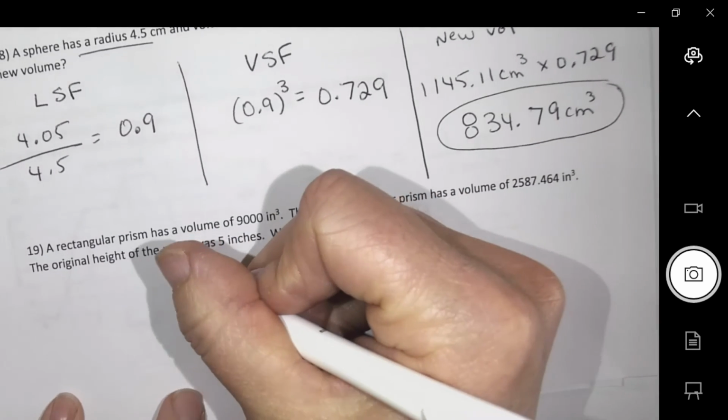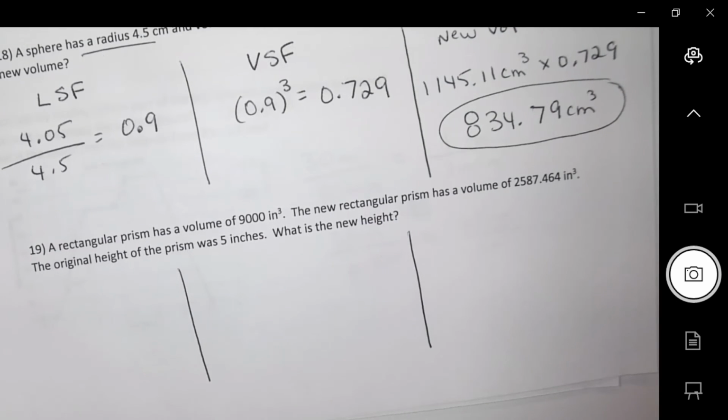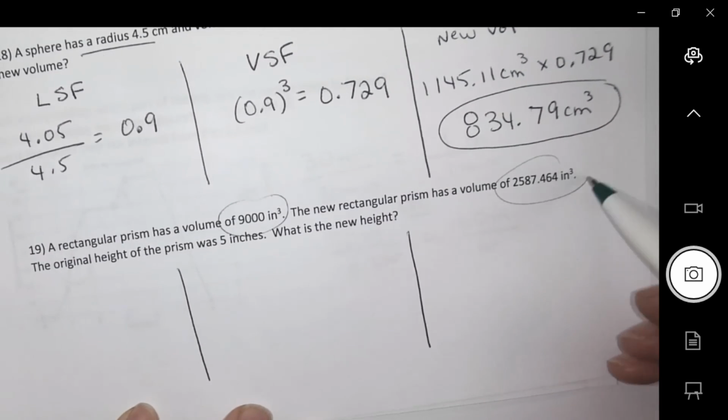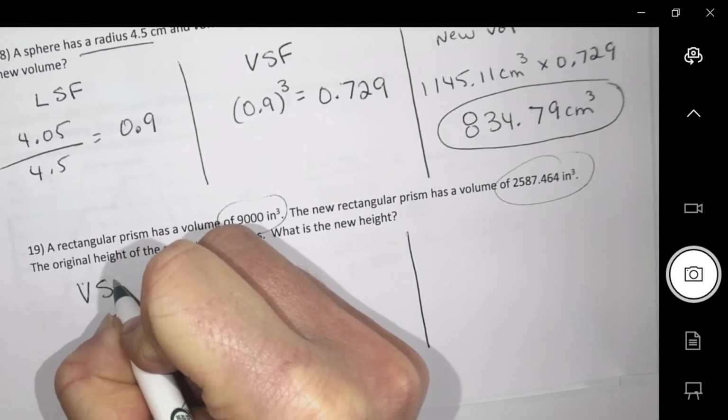Okay, see if you can do the last question. Break it down into the 3 parts again. I have been given volume, so I'm going to go volume scale factor.